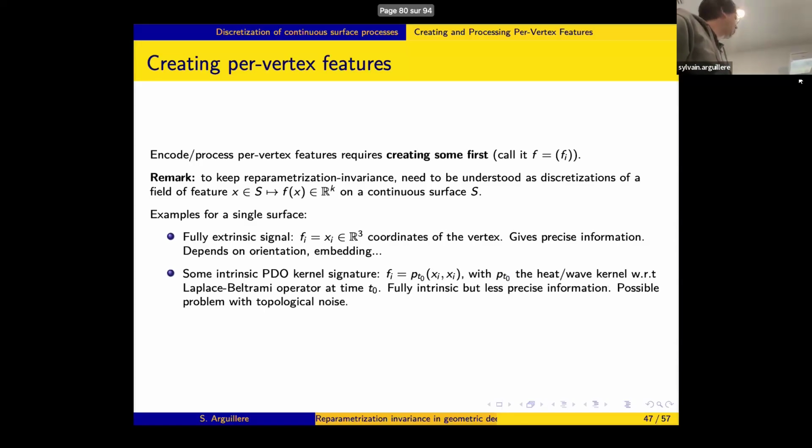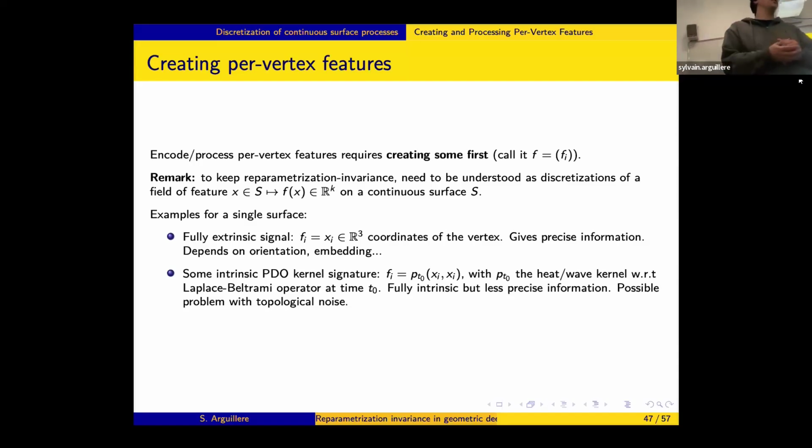But if you don't want that, you can get, for example, what they call heat kernel or wave kernel signatures. Basically, you solve the heat kernel with respect to the Laplace-Beltrami equation, and you just look at its diagonal at various times.